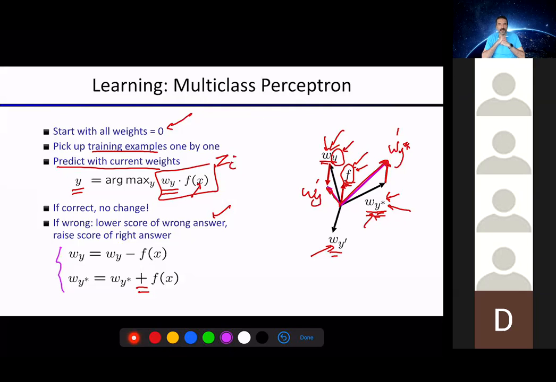And if such hyperplanes, such three hyperplanes for three classes, don't exist, then it doesn't converge at all. But assuming that it converges, it goes through all examples until it makes no mistakes for all examples. But it doesn't have any clue other than this update how to make this adjustment in the best possible way.